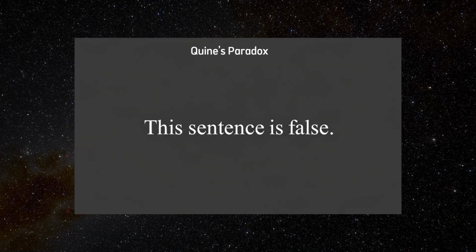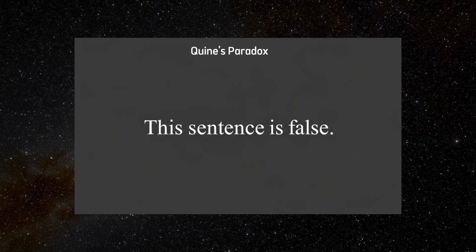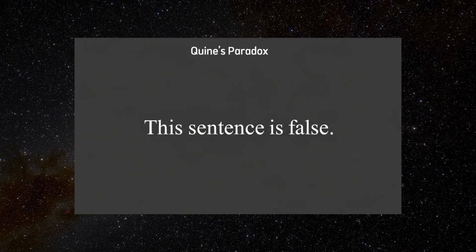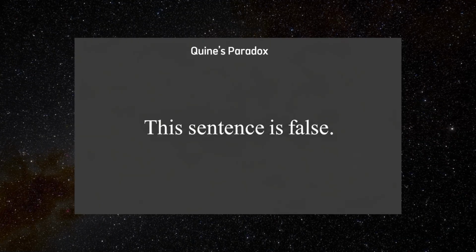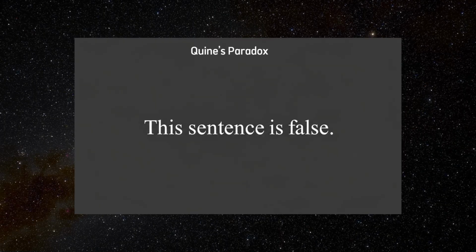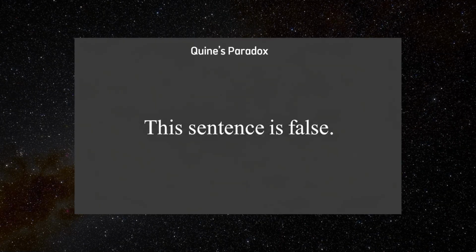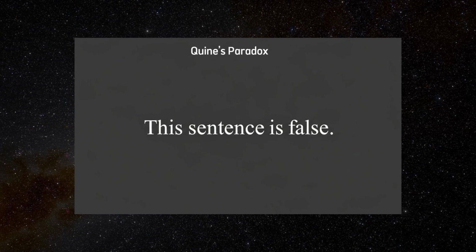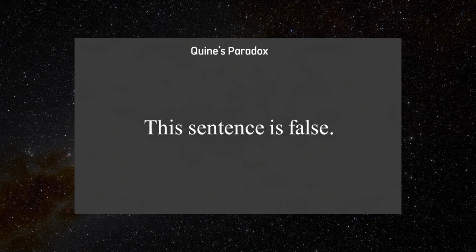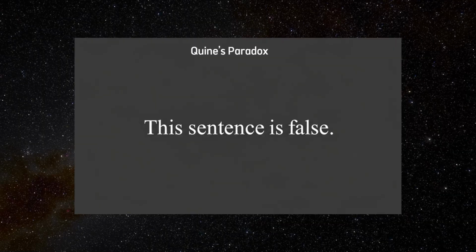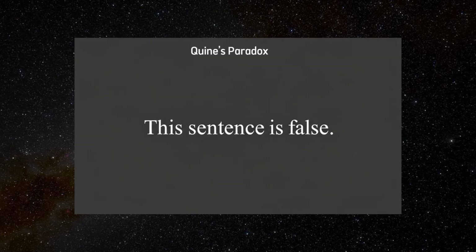So the sentence is essentially asserting its own falsehood, much like the Liar Paradox, but without explicitly saying, "I am false." So the paradox unfolds like this. If the sentence is true, then what it says is the case: the sentence is false. But that's a contradiction.